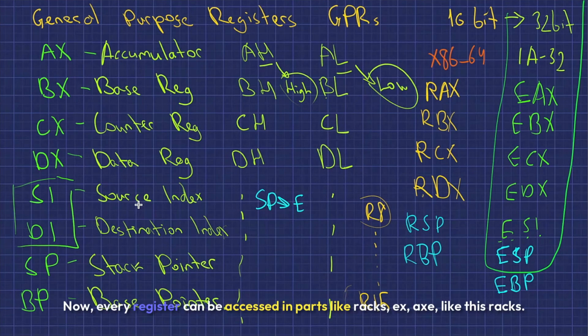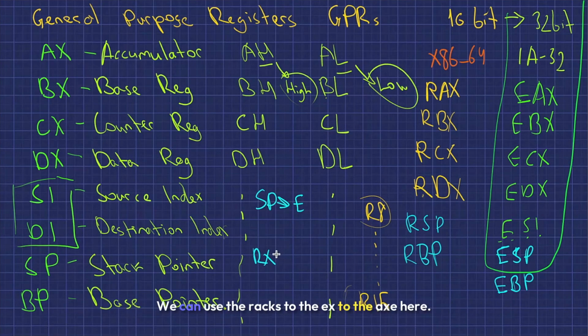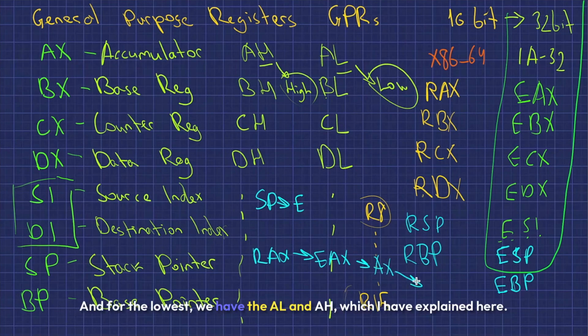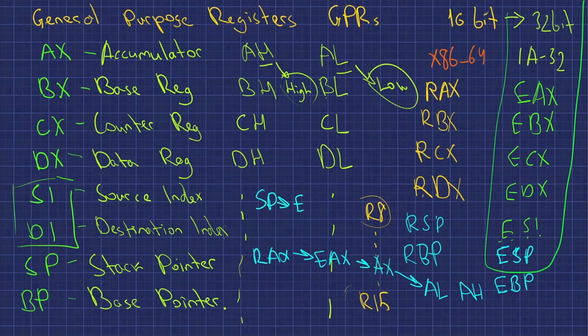Now every register can be accessed in parts, like RAX, EAX, AX. We can use RAX, then EAX, then AX, and for the lowest we have AL and AH, which I have explained here.